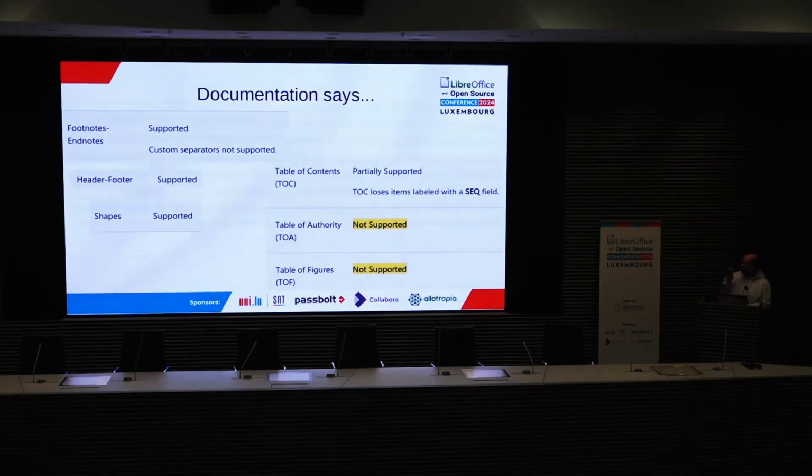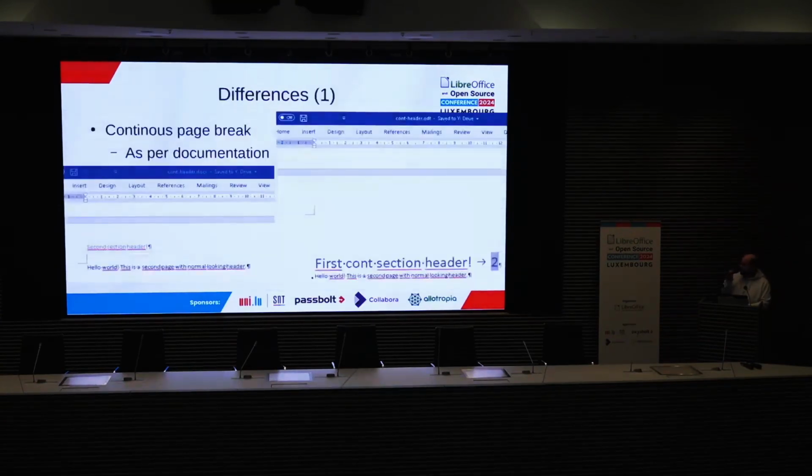So if we open the document as the customer sent it, or something that imitates the same thing, what will we see? Here in this document, we see a continuous section break. This is the second page of the example document.